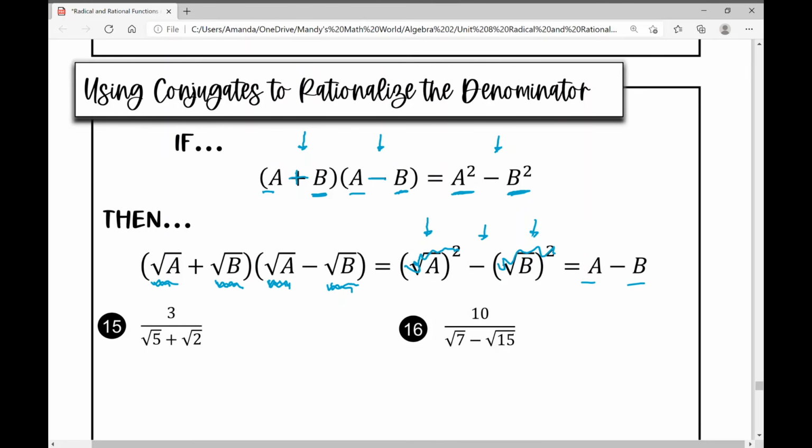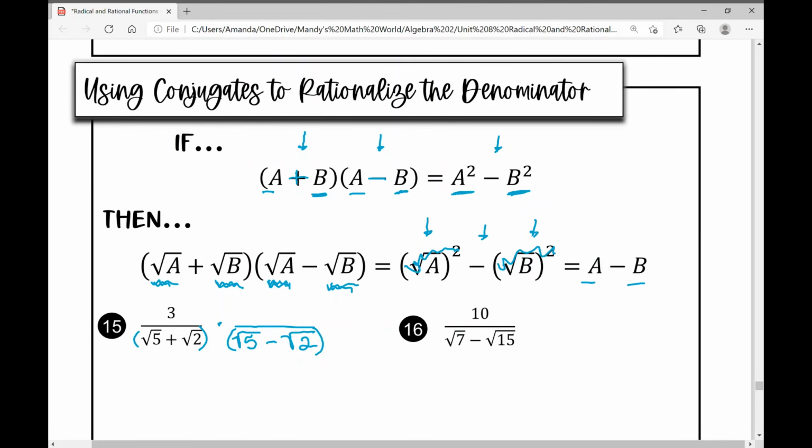So in 15 and 16, you have a binomial in your denominator with radicals. It contains radicals. So how do you get rid of those radicals? We're going to multiply by the conjugate. So we're going to multiply this binomial times what will get rid of those radicals, which would be the square root of 5 minus the square root of 2.